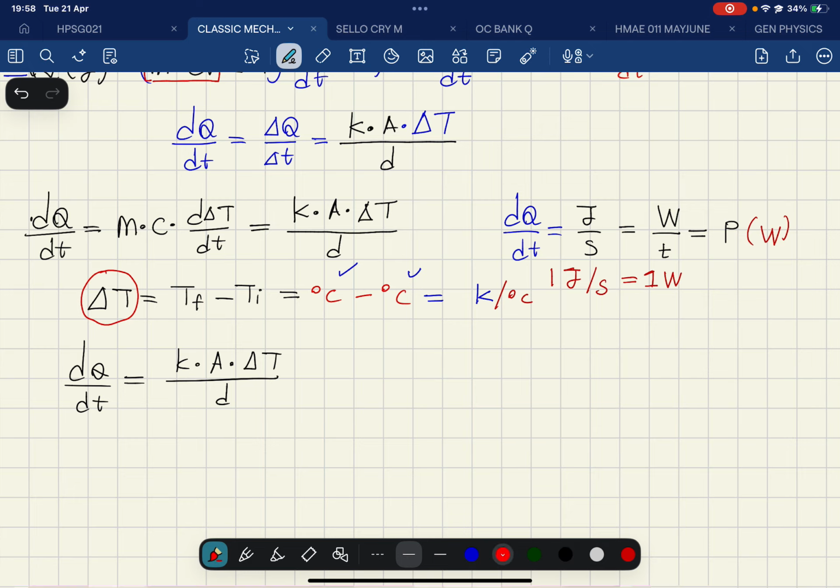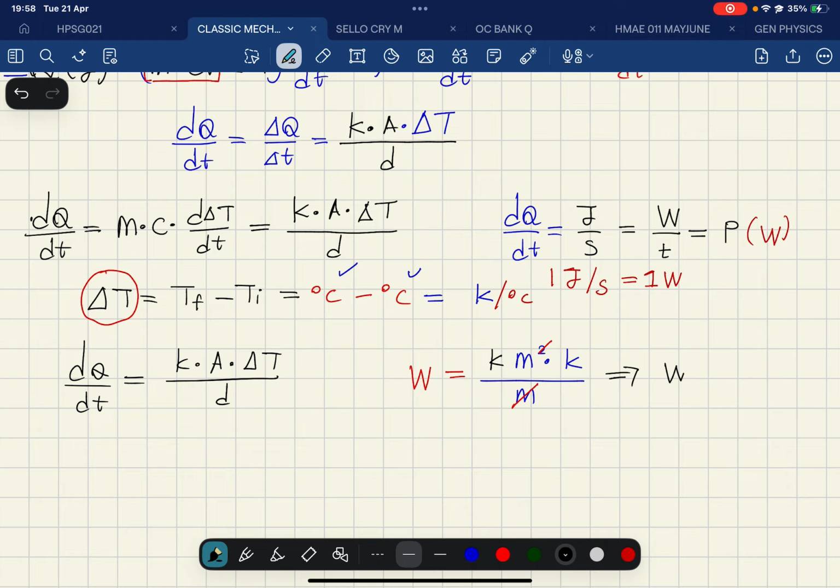The first SI unit on the left hand side is watts, which is the SI unit for power, or for dQ over dt. Then we have our K there. The SI unit for area is meter squared. The SI unit for temperature is Kelvin. The SI unit for distance is meters. If you check the meters, one of them cancels there. Then from there, we remain with what?